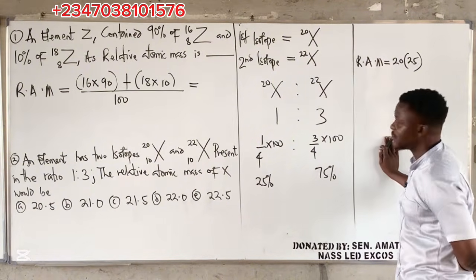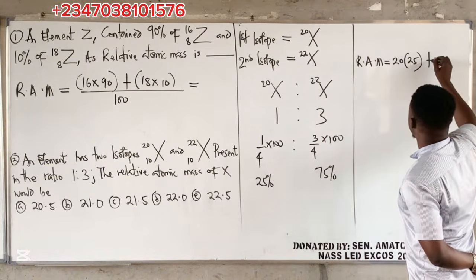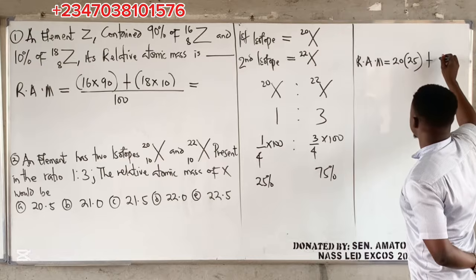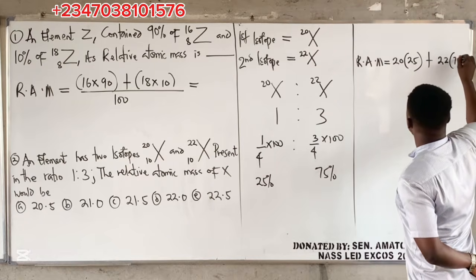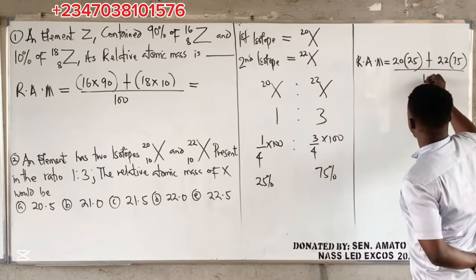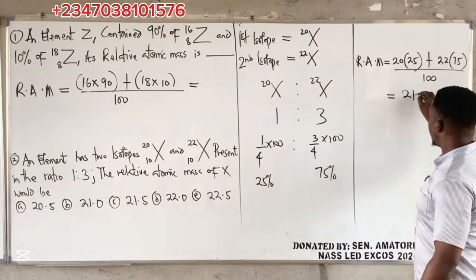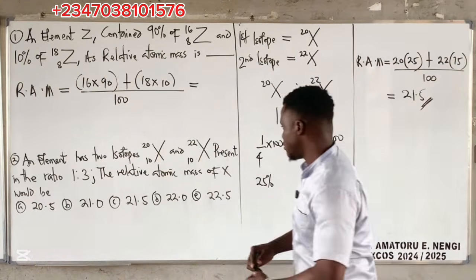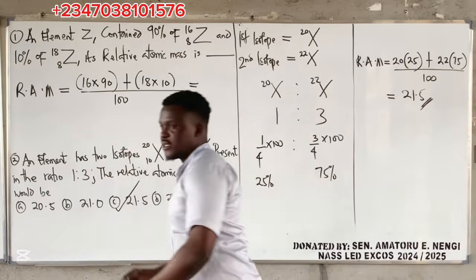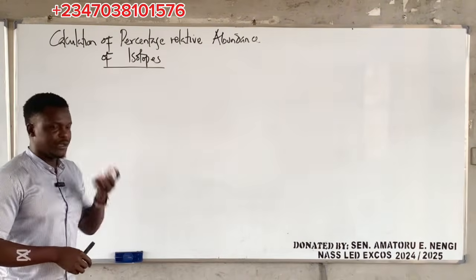Right? Plus the mass of the second guy is what? 22 times what? All over what? Now 21.5. So which option is that? Option C.